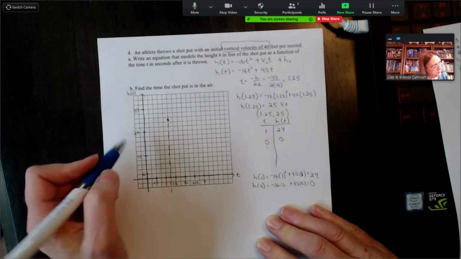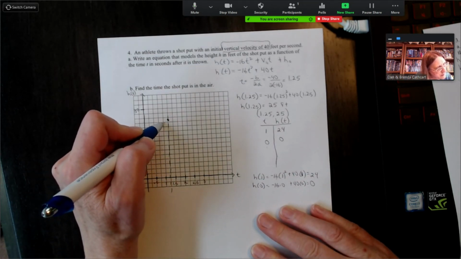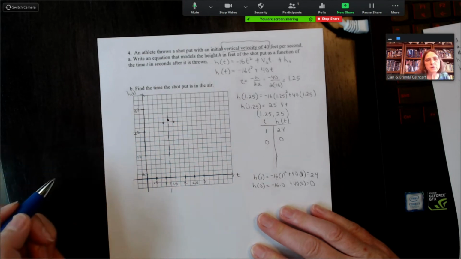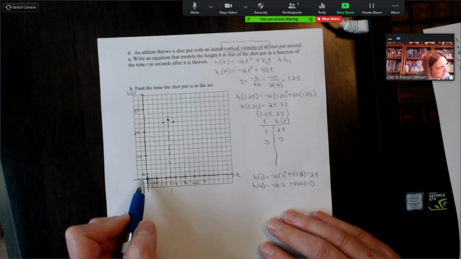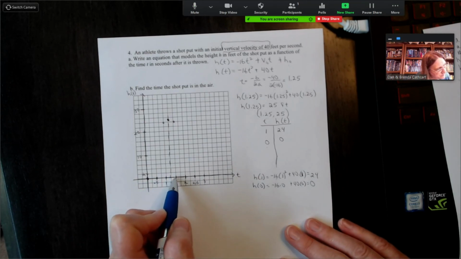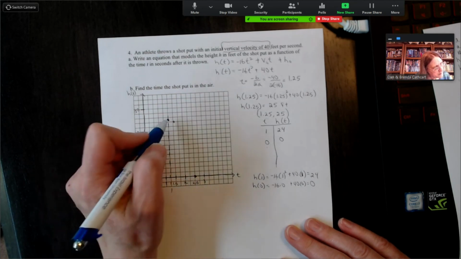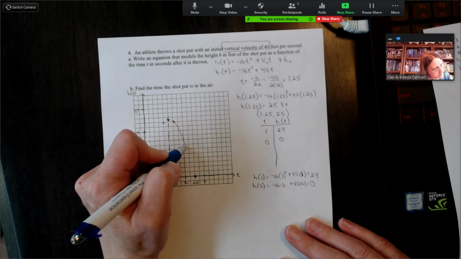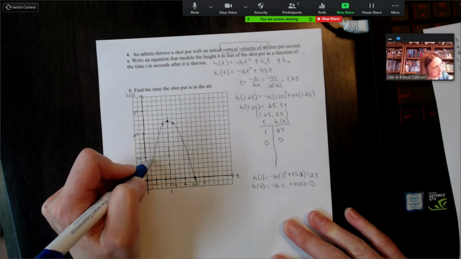We have the point 1, 24 reflected over the line of symmetry. And the point 0, 0, we want to reflect it over the line of symmetry. And graph down and down.